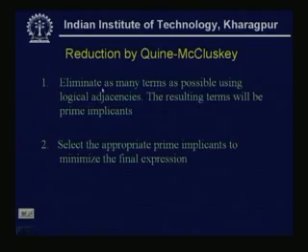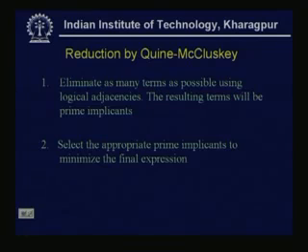So, the rule is to eliminate as many terms as possible using logical adjacencies. The resulting terms will be prime implicants. So, mainly in the K-map, the reduction principle is to notice the adjacencies, because grouping is done by the adjacencies.